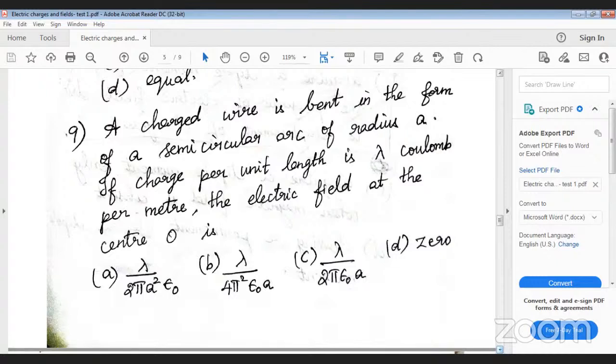What they are doing is they are taking a charged wire and they are bending it in the form of semicircular arc of radius A. Okay. So then we have to find out the electric field at the center of this semicircular arc.